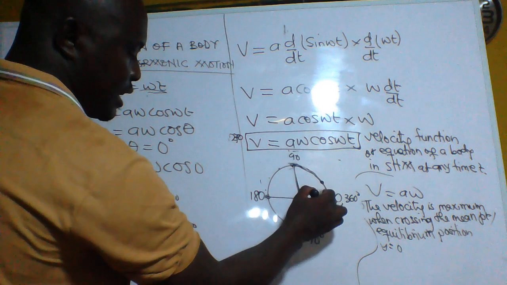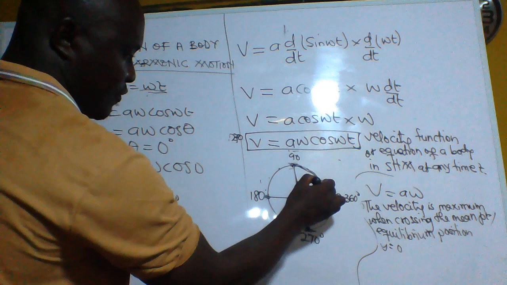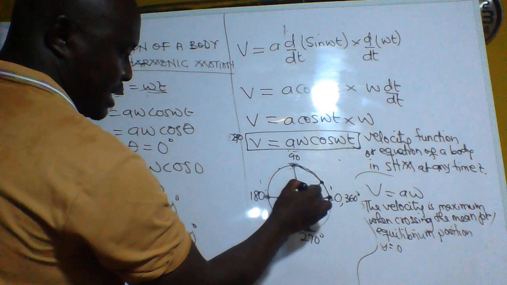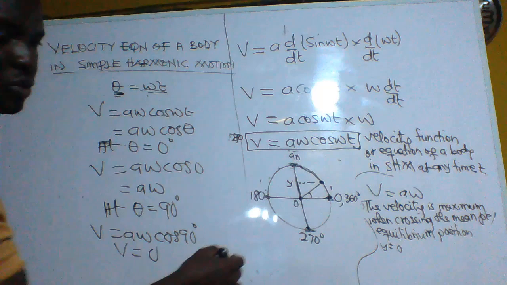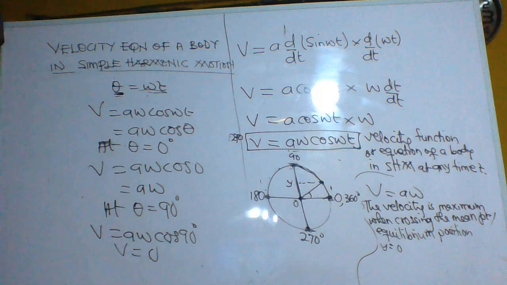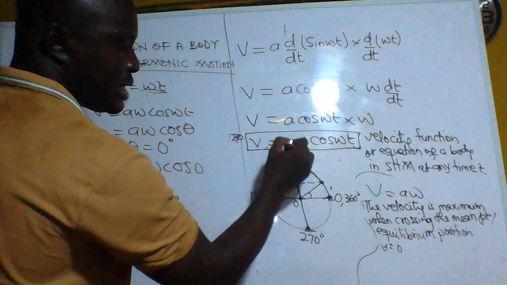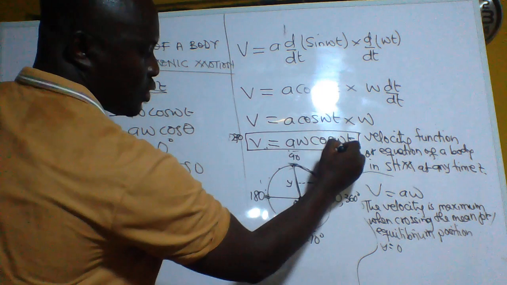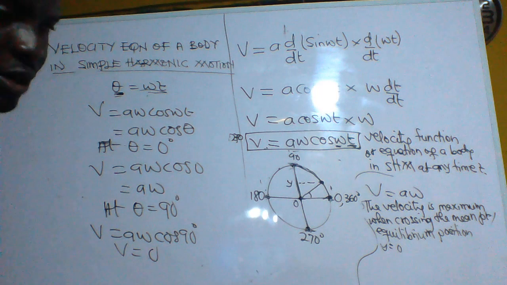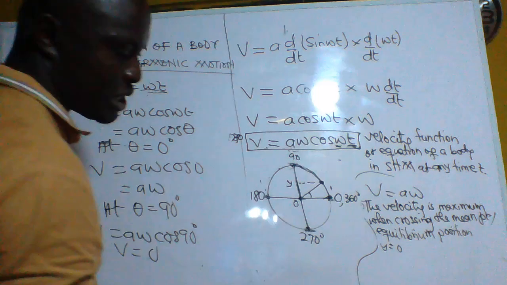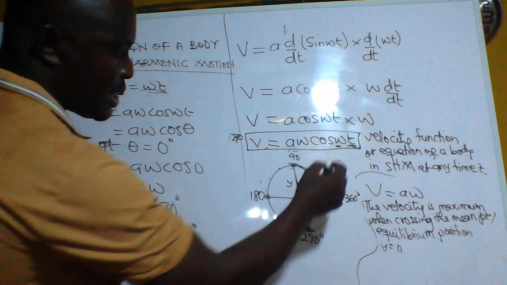What if you are not given the time, but you are given the displacement? So at a displacement of so and so, what is the velocity? This formula gives us the velocity in terms of time. Don't forget, omega is constant. The body moves at a constant angular velocity. A is the maximum displacement, the amplitude, which is also constant. The changing variable here is the time.